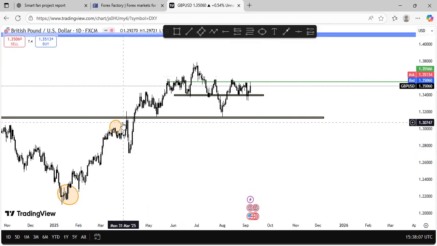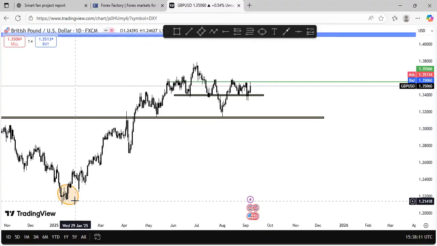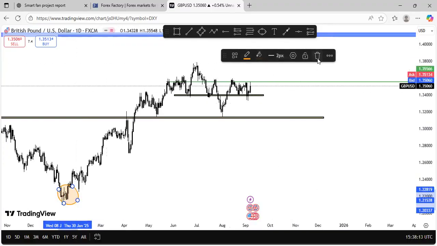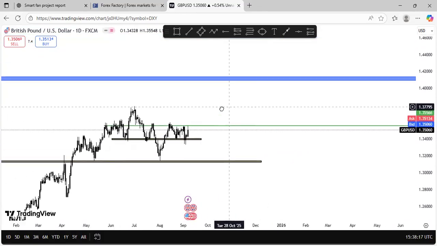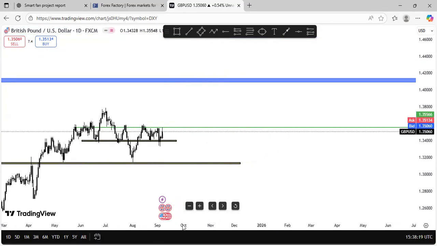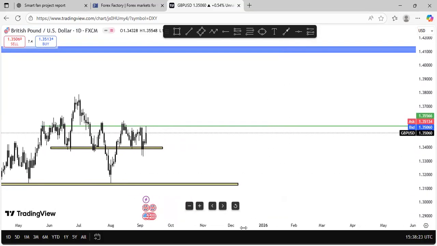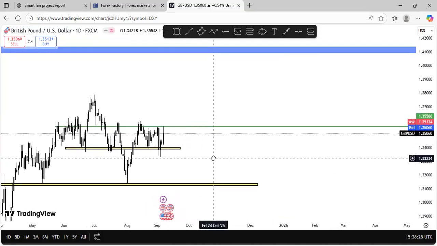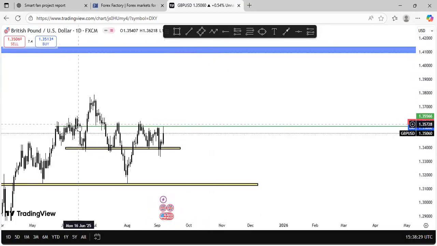So we're still in an uptrend, considering the characteristics of an uptrend, forming higher highs and higher lows. But if we look closely at this chart, we can see that at every point price comes in here, we get a push down.